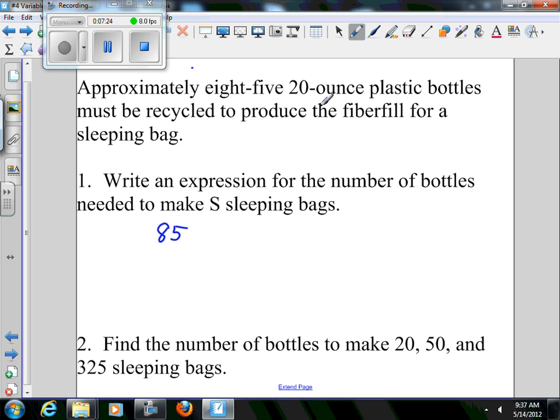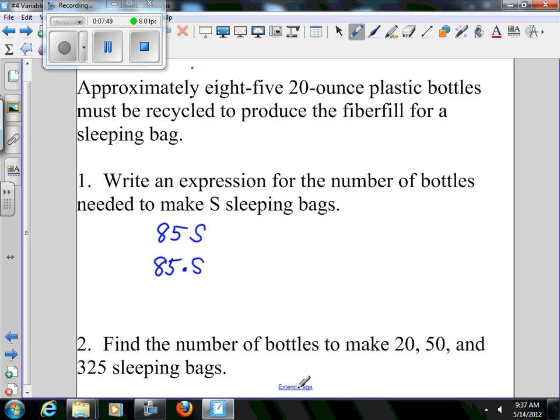That's just telling you how big the bottles have to be. They have to hold 20 ounces. But all we need to know is that we need to have 85 of them to make one sleeping bag. Now, if we want to make S sleeping bags, we're going to have to take 85 times S. You can either leave it as 85S or you can say 85 and make a multiplication symbol times S.